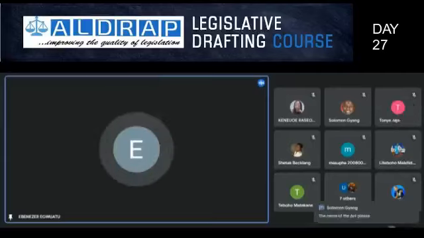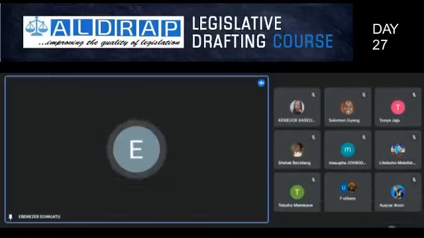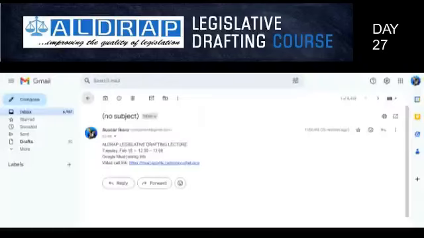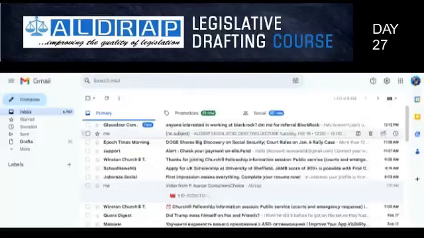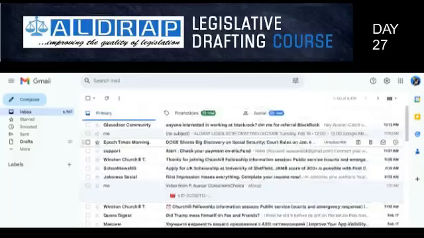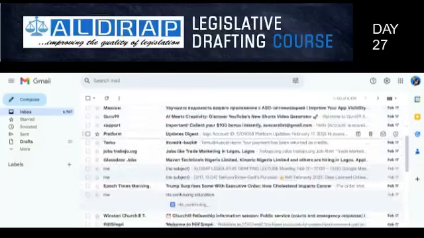So, given what you have learned so far as a legislative drafting practitioner, even though you are still in training, the assignment is for you to redraft that bill, put in the principal provisions that were omitted, the preliminary provisions that were omitted by the drafter of that bill. So that is your assignment.